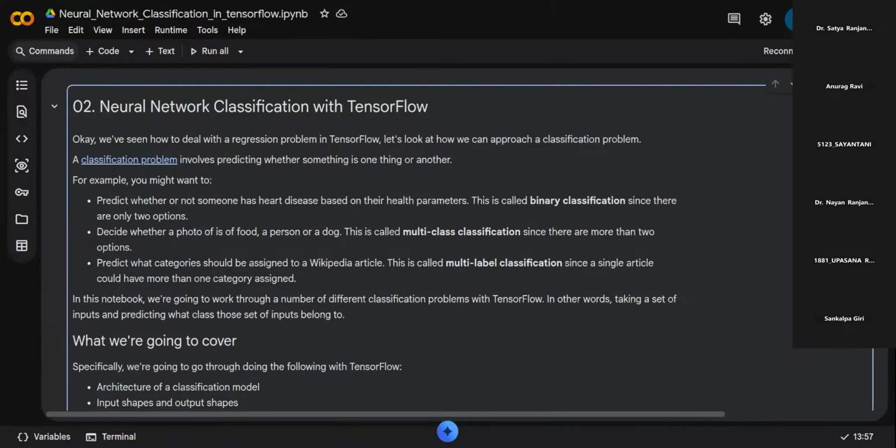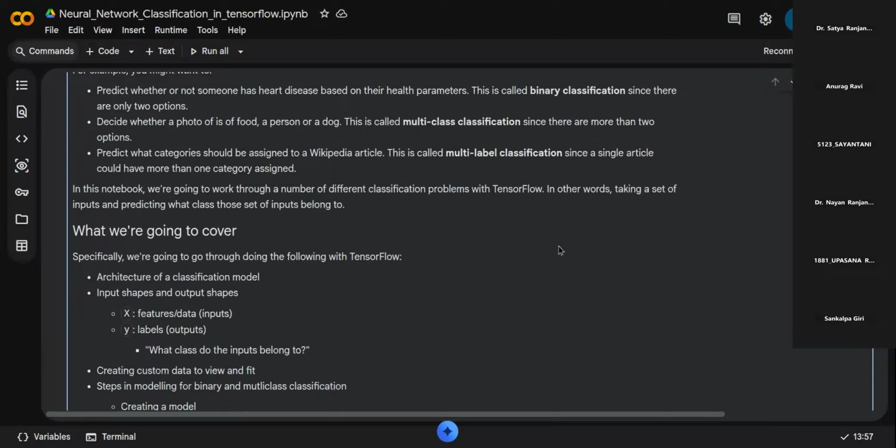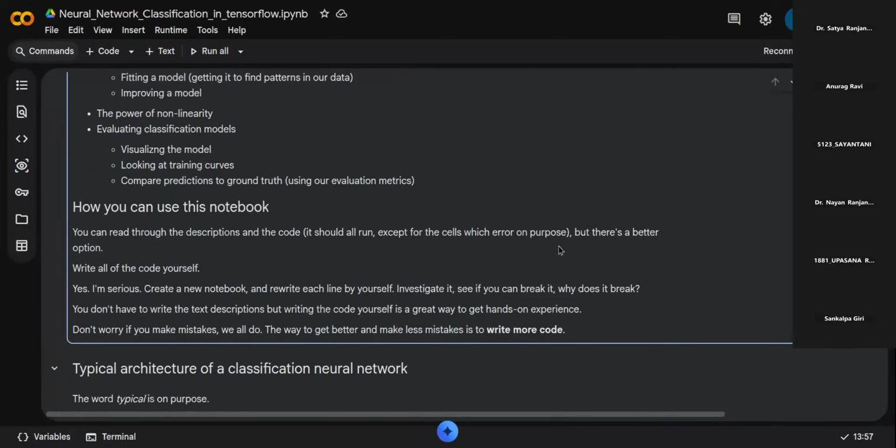So what we'll do today, we'll use TensorFlow. TensorFlow is a library which has many inbuilt functions, methods, and classes available to create neural networks and all other advanced implementation. Okay, so let's do it.